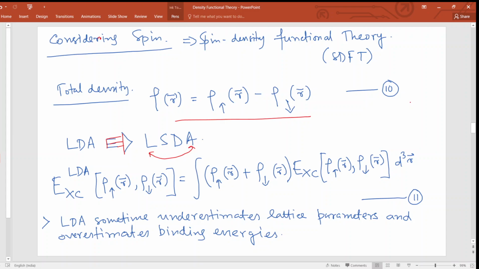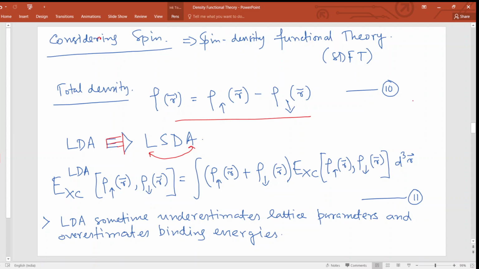Usually when we talk about ground state properties, we assume this is the most stable configuration of the system. In density functional theory, the ground state behavior effectively tells you the correct a, b, c values of the system.